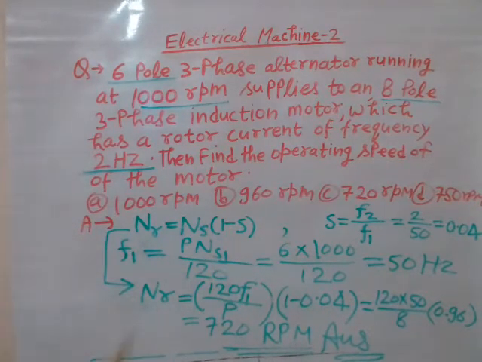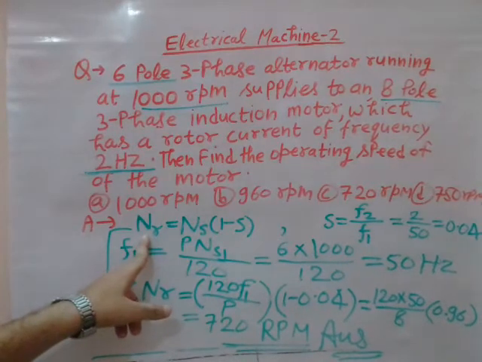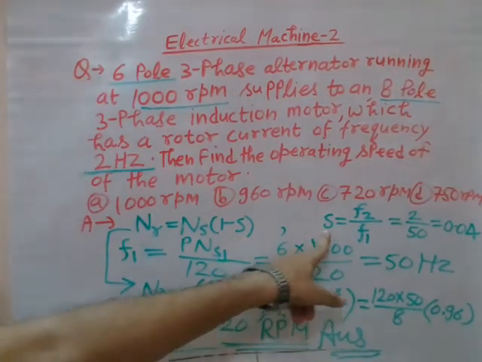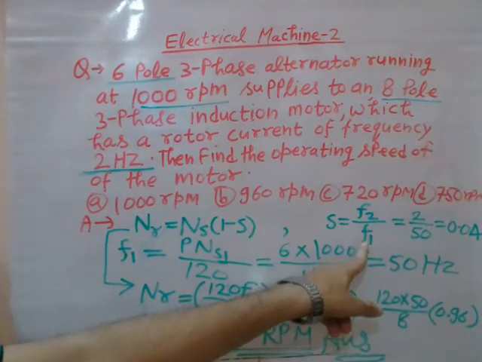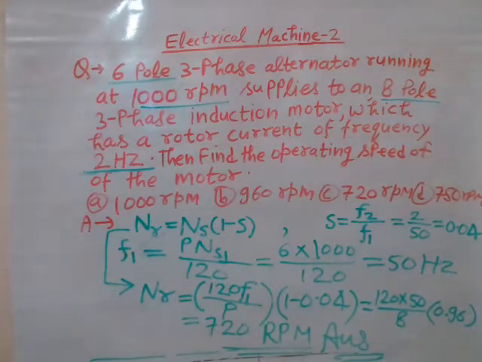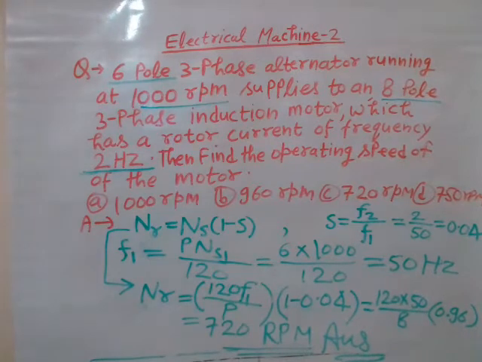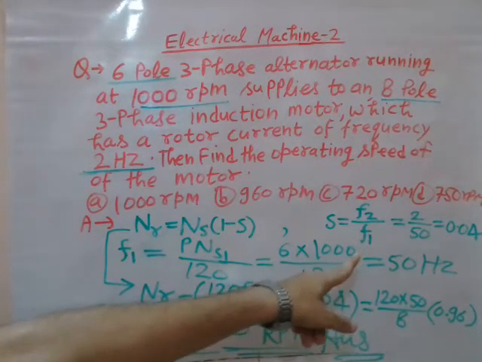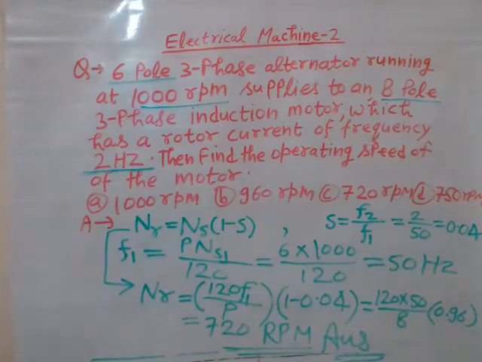For calculation of rotor speed, first you should know the slip, and for knowing the slip, first you should know the supply frequency to this induction motor, that is F1. F1 is the stator frequency, the applied frequency to the stator. You should know it first to calculate the slip.